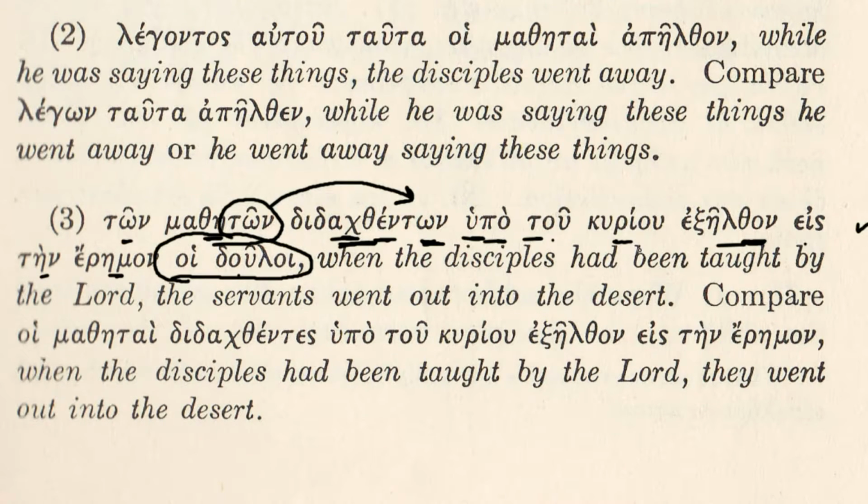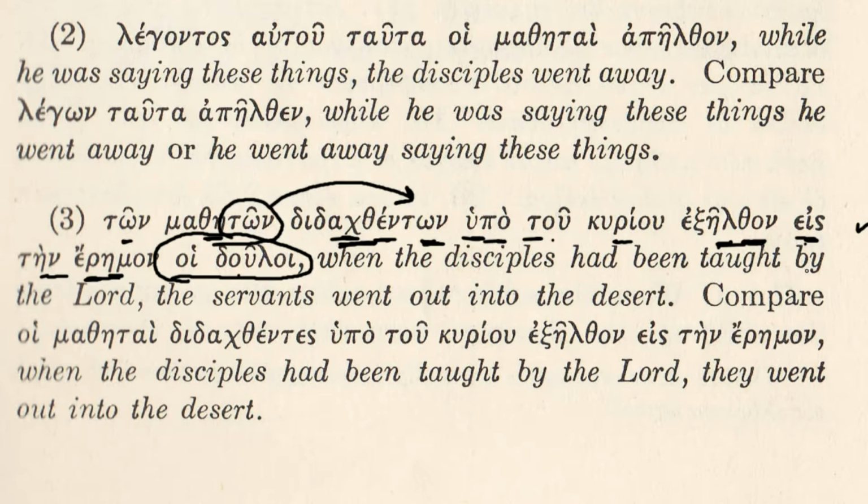Word order is fluid. And so the slaves, exelthon, from exerchomai, went out. The slaves went out, eis tein erimon, into the desert. So the disciples, having been taught by the Lord, the slaves or servants went out into the desert.